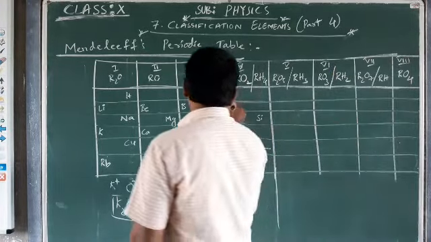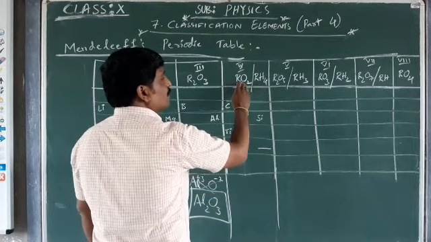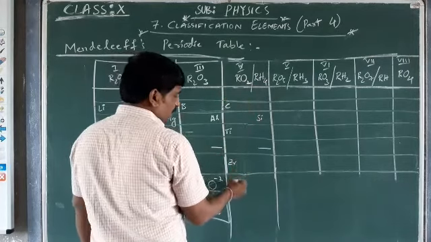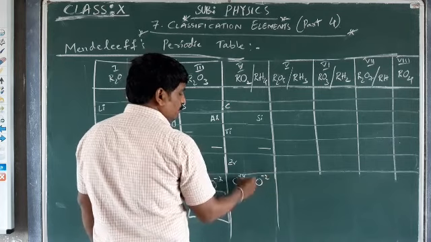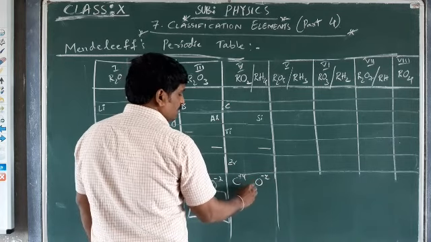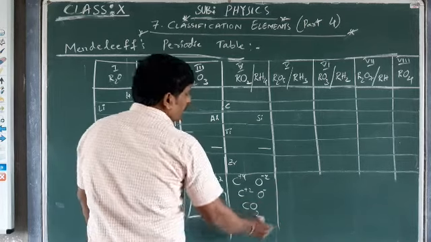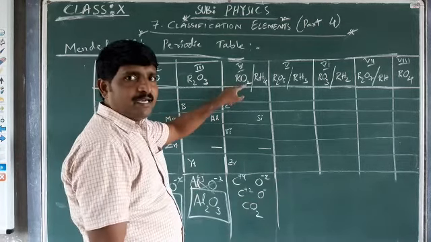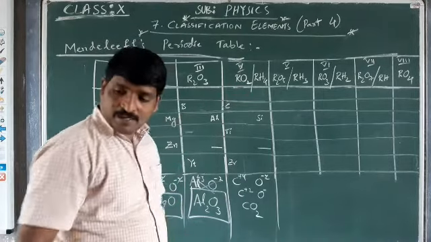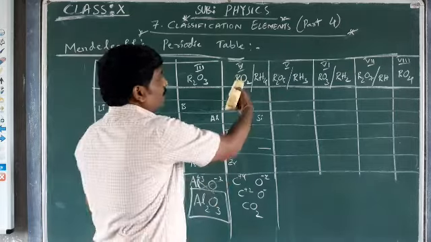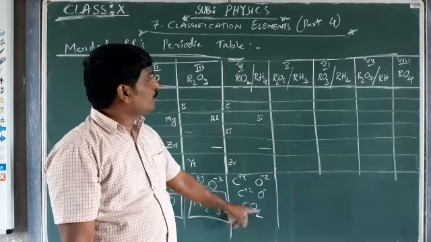Suppose carbon, silicon. If carbon is reacting with oxygen, it gives the CO2 form. See, carbon +4 and oxygen -2, it cancels, crisscrossing gives CO2, carbon dioxide, in the form RO2.